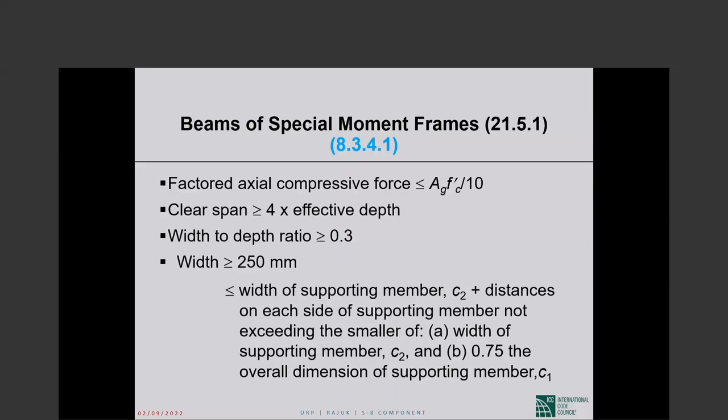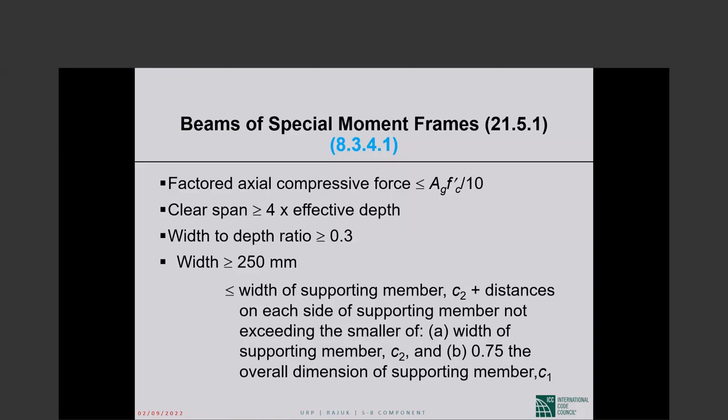If it is an inclined member, that's where judgment comes in, and it doesn't matter a whole lot in non-seismic construction whether you consider something a beam or a column. In high seismic construction, it makes a huge difference because the detailing requirements are very different for beams and columns. Okay, so we need to make a formal distinction.